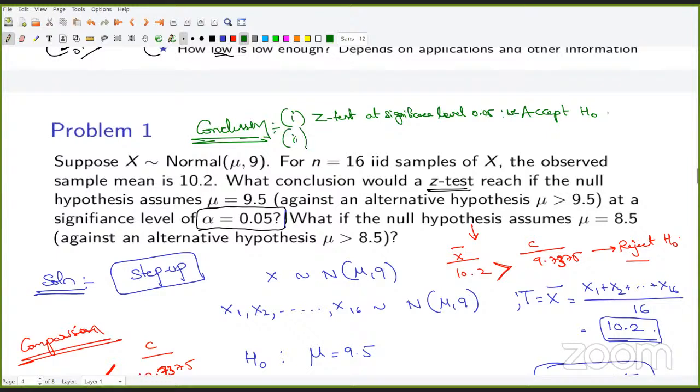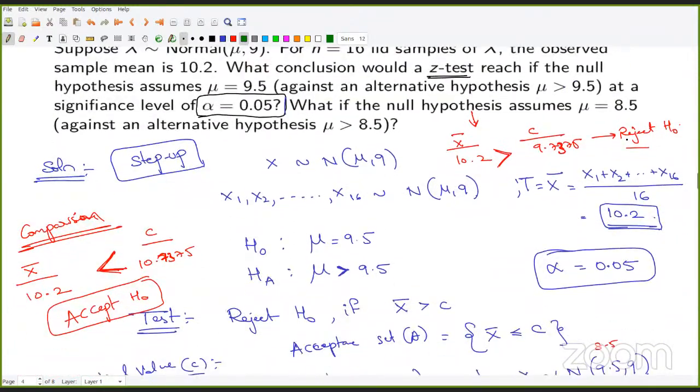And the second conclusion is: Z test at significance level 0.05, we reject H0. These are the conclusions we draw from this problem. This is how you solve the problem.